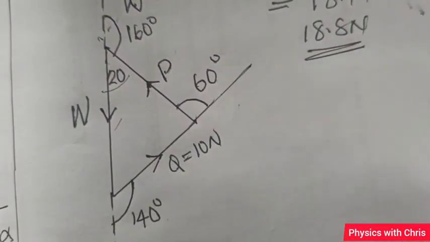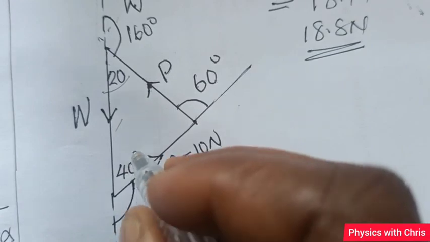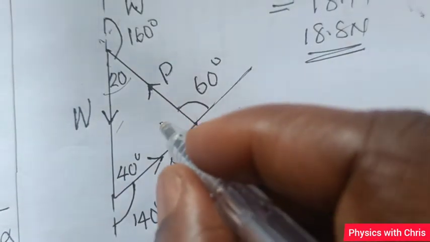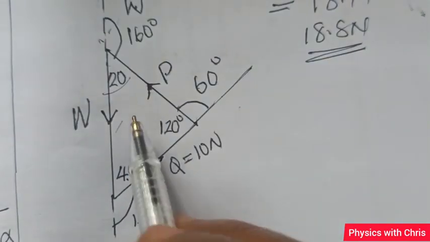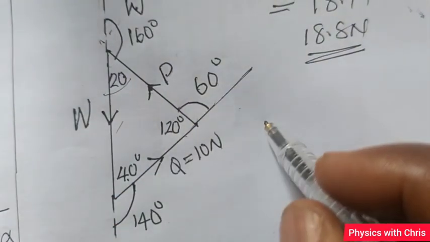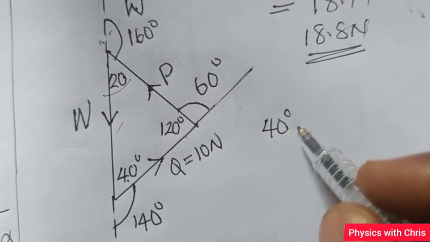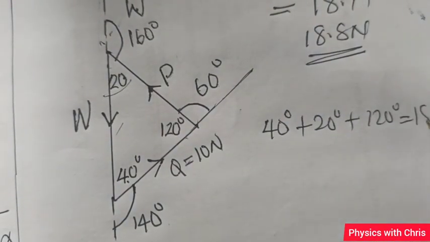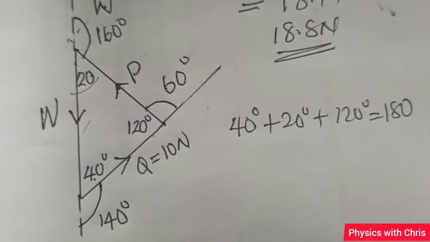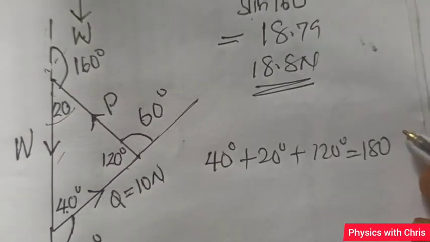This must give me 40 degrees, so that this plus this gives me 180, and this must give me 120 degrees. Let's confirm the sum of 40, 20, and 120. Does it give 180? Because the sum of the three angles, 40 plus 20 plus 120, must be equal to 180, which means the angles of a triangle add up to 180 degrees.